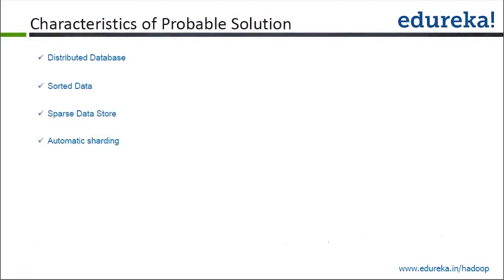The data is distributed across multiple machines, and you need this to happen automatically. You don't want to take on the overhead of distributing and retrieving the data. All these things need to be taken care of by the system itself, right?